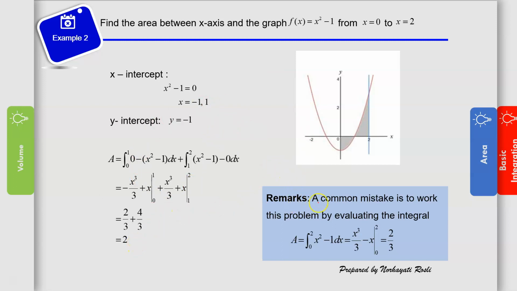And a remark here: you will make a mistake if you integrate without using the separating method. Separating method means that here I separate the first area and the second area. If you just evaluate from 0 to 2, you'll get the answer 2 over 3, which is not equal to 2. So this is wrong. This is a common mistake made by most of the students.